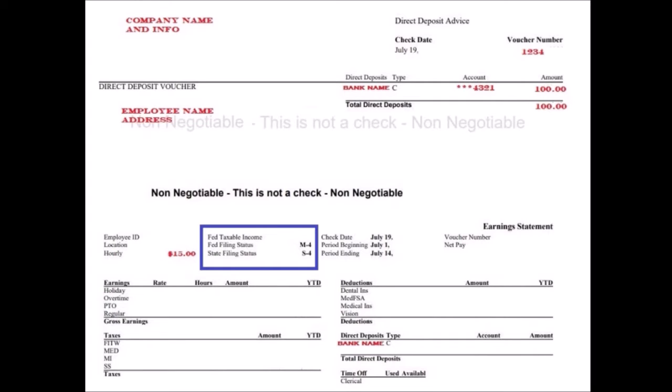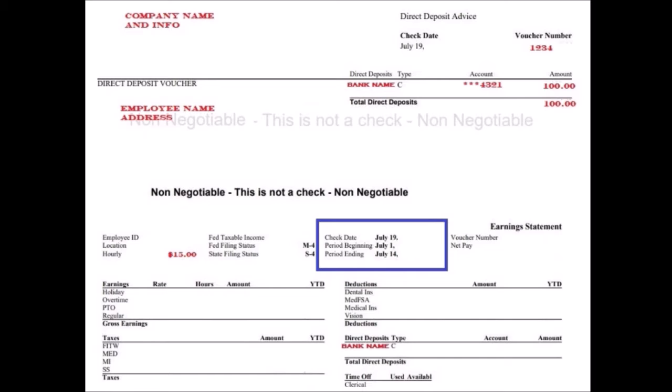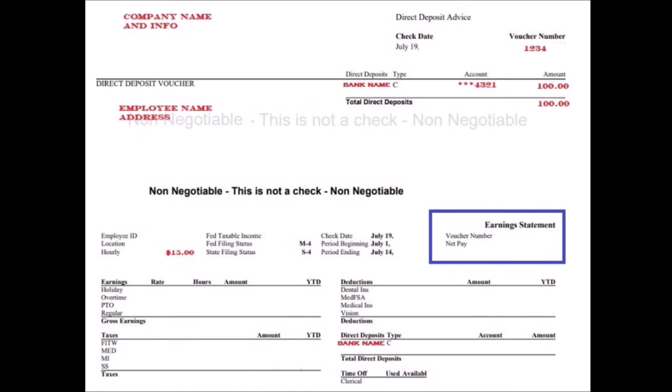So this stub allows a place where you see what number your taxes are going to be computed on, and the federal and state filing statuses driven by the W-4. For a form we're not talking about, we're sure talking about it a lot. To the right of that is the check date, period beginning and ending. So you see this is another 2-week period paycheck, and the check date is the following week after the close of the period. Here is your earnings statement.